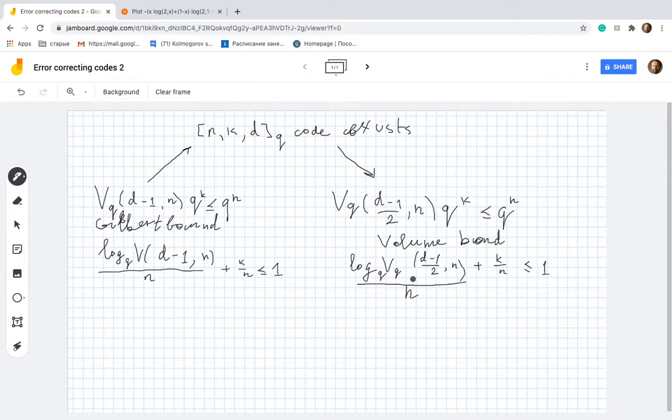The reason why we like this form of both bounds more than the original form is that the ratio k over n has a clear meaning. It's called the rate of the code. And so both bounds establish some upper bound for the rate, which is possible for the given distance.